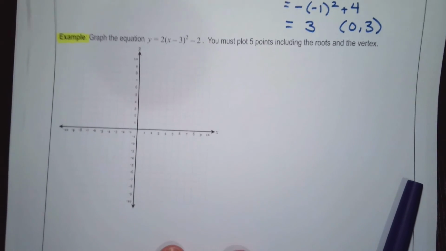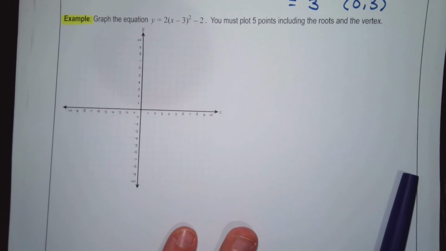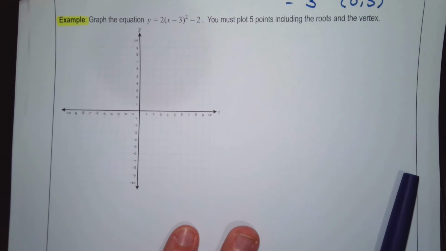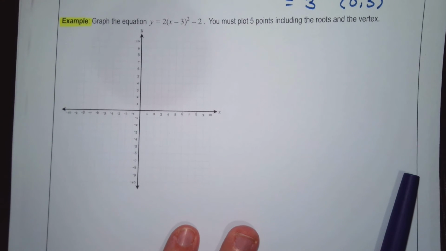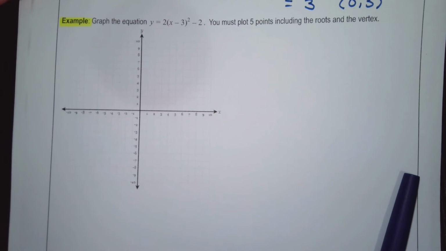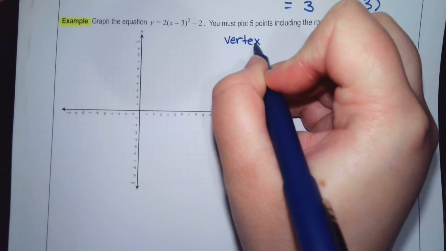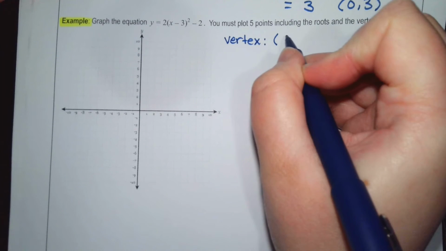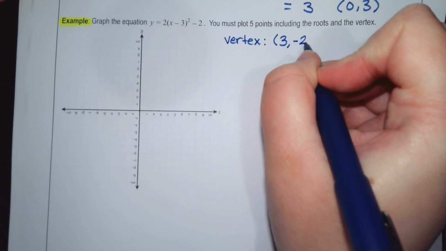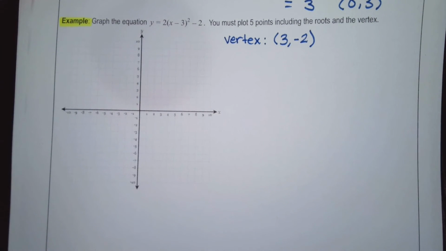All right, so our next one, we have y equals 2 times (x minus 3) squared minus 2. Again, we start with our vertex. So our vertex is going to be (3, -2). And once you find your points, you can plot them as you go.